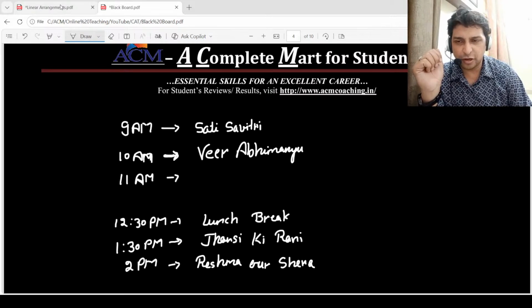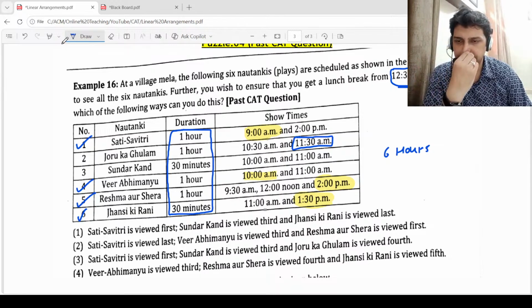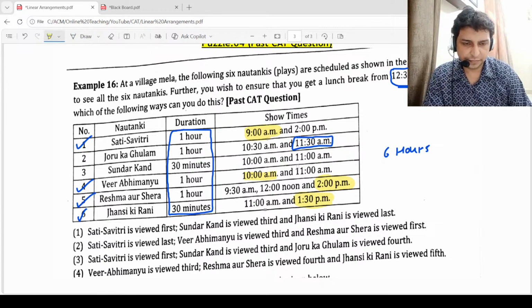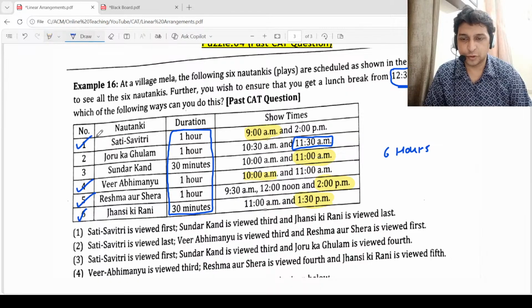Now at 11 o'clock, we have the options of either Sundarkand or Joru Ka Gulam. Sundarkand is happening at 11 for 30 minutes. So I'll watch Sundarkand here.